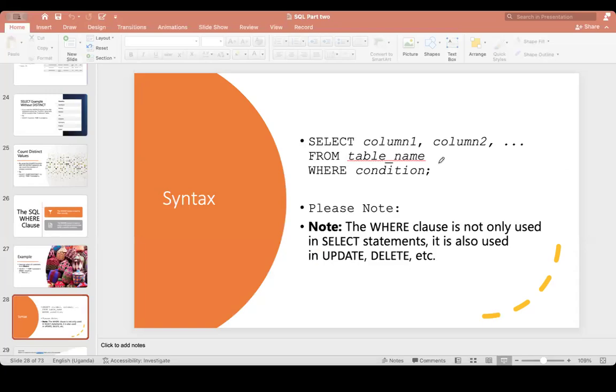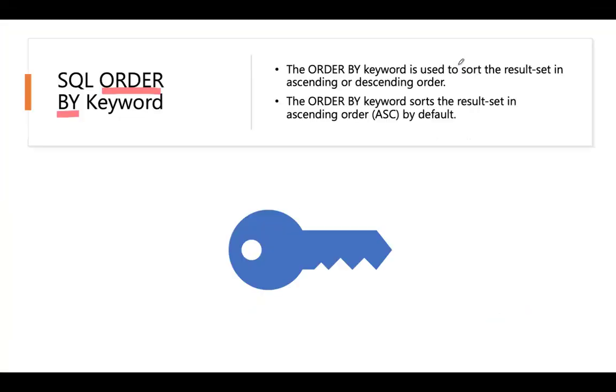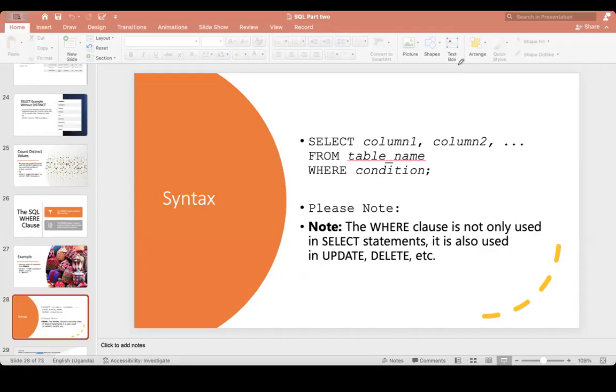Then we also have what we call the order by. Order by is a way of arranging your information, your data. The order by keyword is used to sort the result set in ascending or descending order.